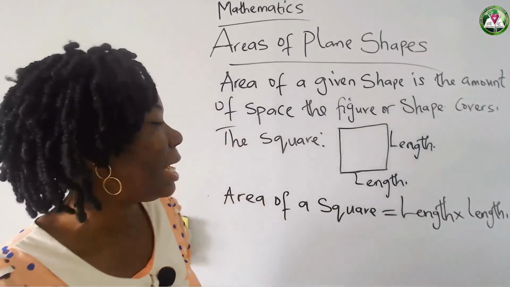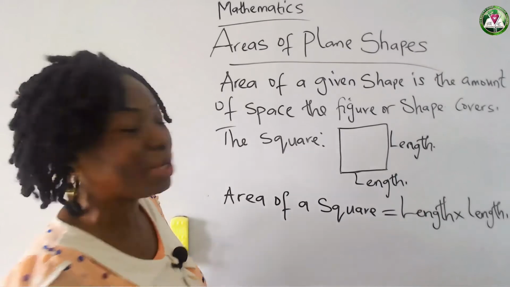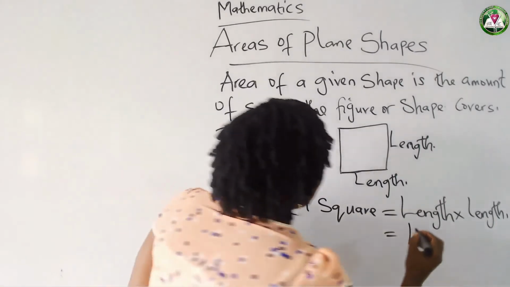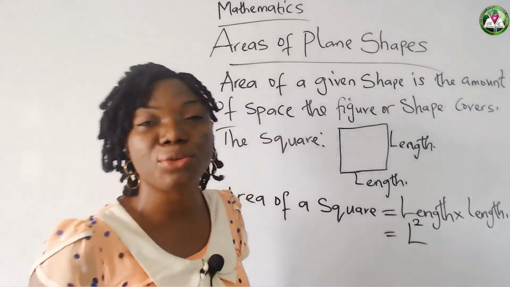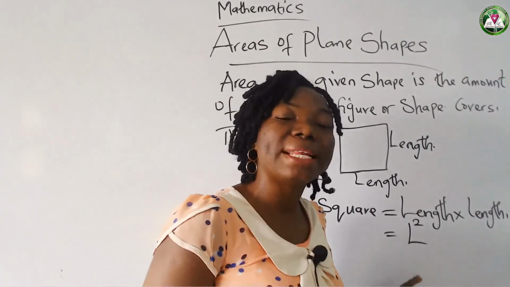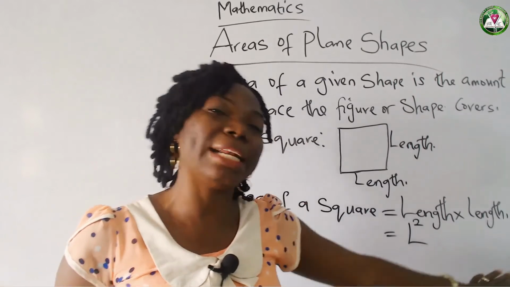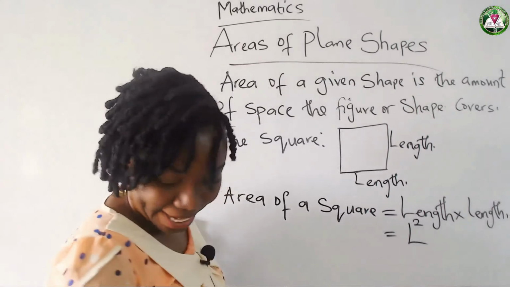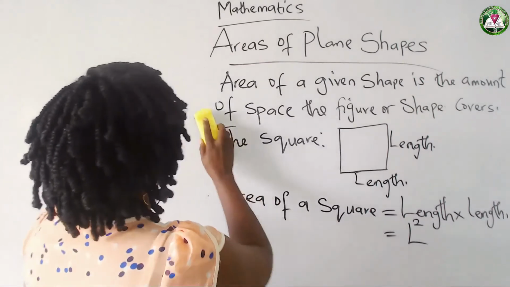Length times length. And this length times length, we can also equate it to be L, representing length, squared, raised to power 2. Is that clear? So you can write that the area of a square is equal to what? L square. Is that clear? Okay. Let's take example.